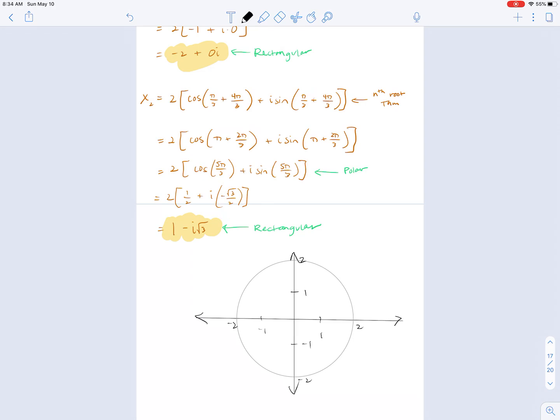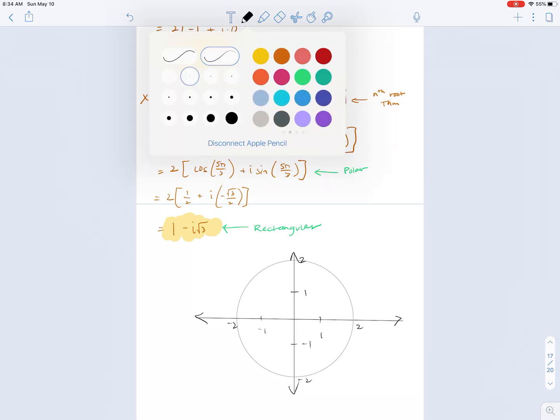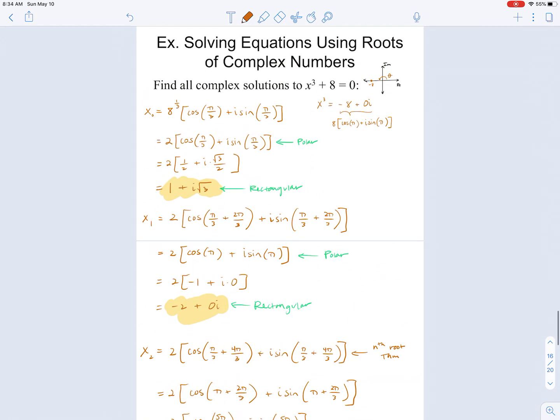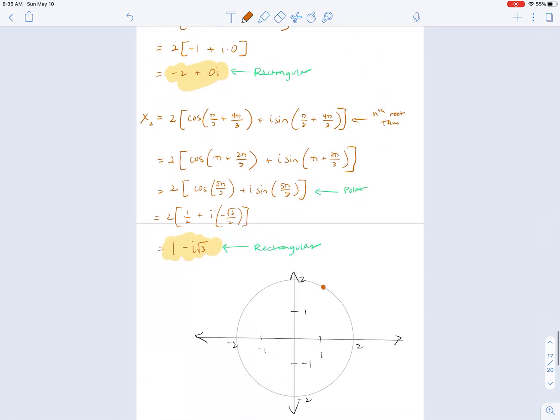So let's say that's 1, 2, -1, -2, -1, -2. Okay, so each of our solutions will lie on the circle.